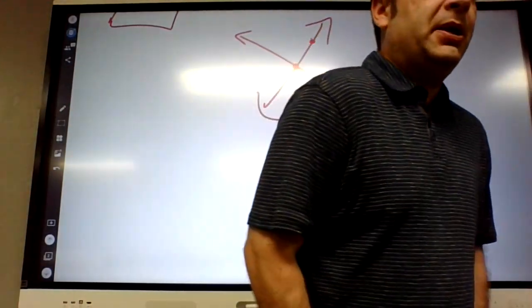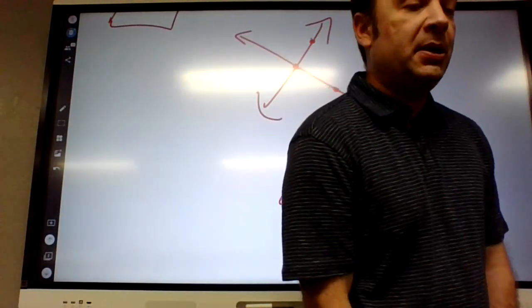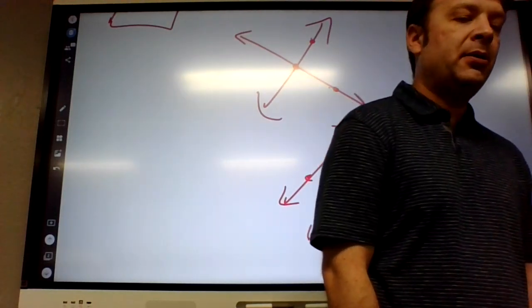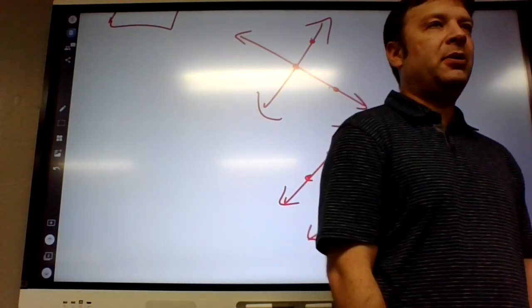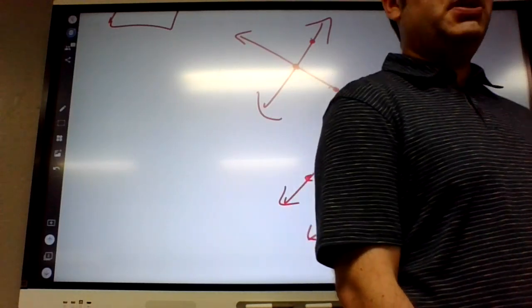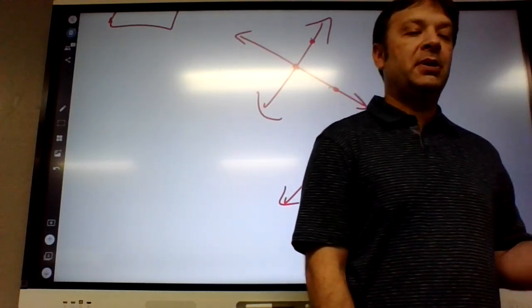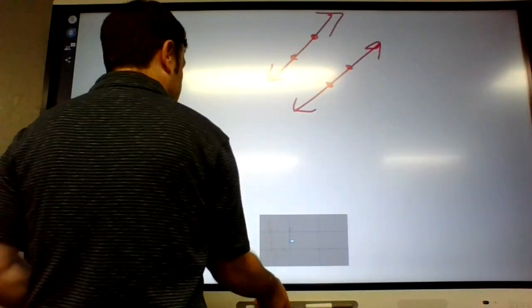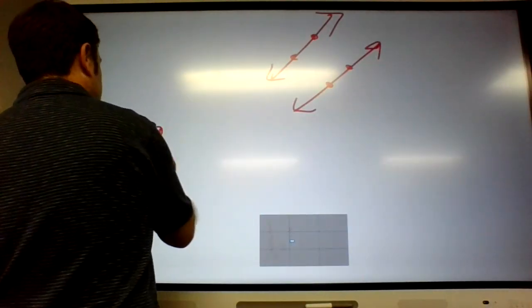Okay, number 9, does line AB lie in plane M? Now they didn't draw line AB, but if we did draw line AB, would it be inside plane M? Yes. So for the first part on 9, we're just going to put yes.